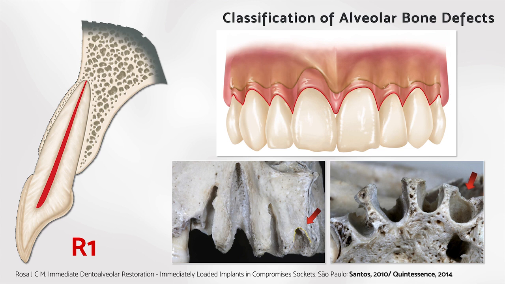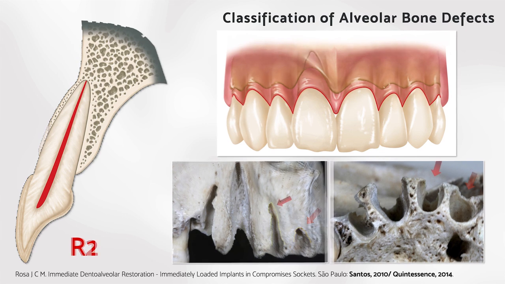Take a look at this illustration to keep in mind these 6 types of defect. Type 1, when the defect is placed in the cervical third of the root. In this slide, you can see the R1 defect through this illustration or dry skull. Type 2, when the defects are placed at the middle third of the root.